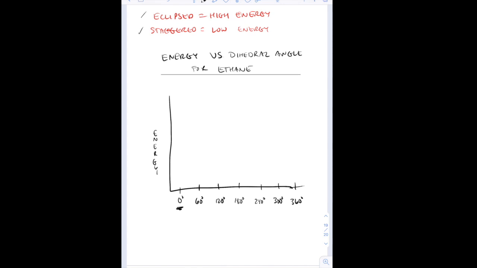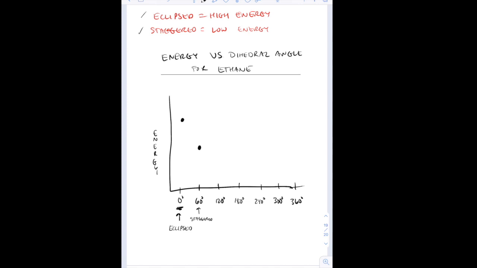What conformation is that? Remember, a dihedral angle of 0 is an eclipsed conformation, so that means we're going to have some energy state that's here, for example. Then as we rotate 60 degrees, we get to a staggered conformation, which is going to be a lower energy state, so we'll draw this dot at a lower energy.